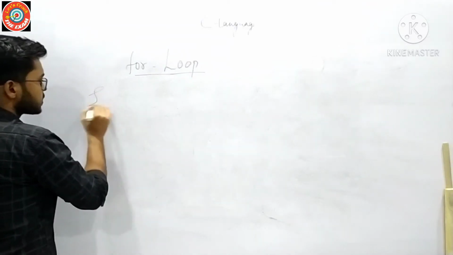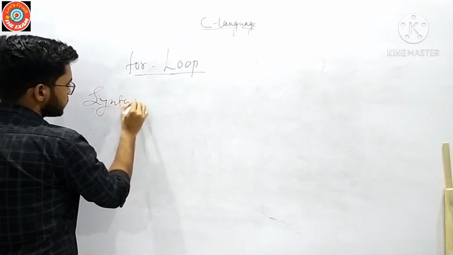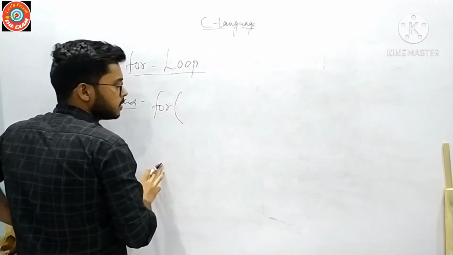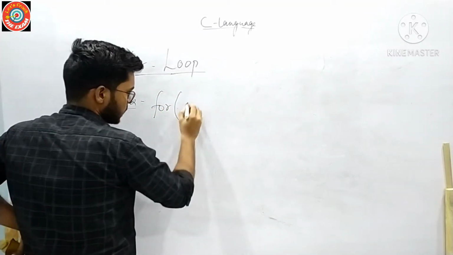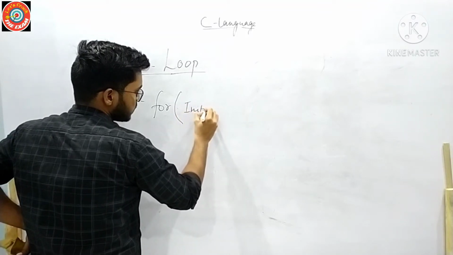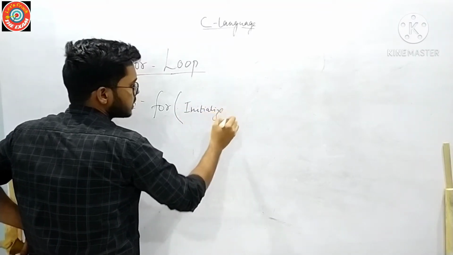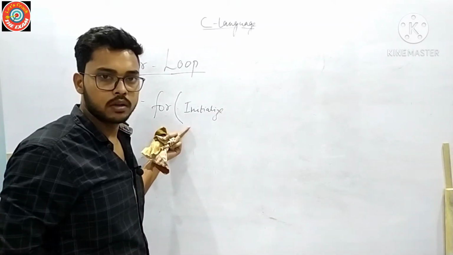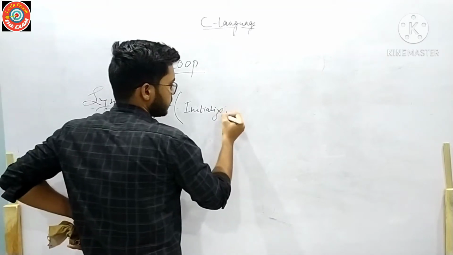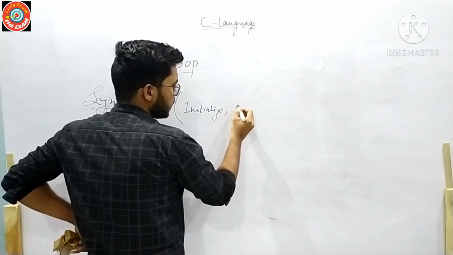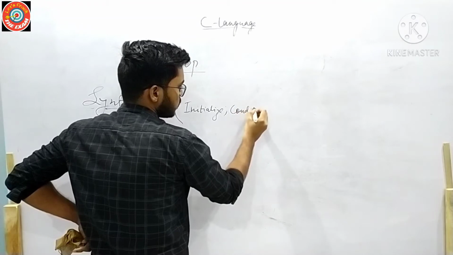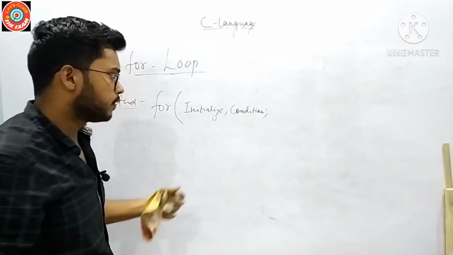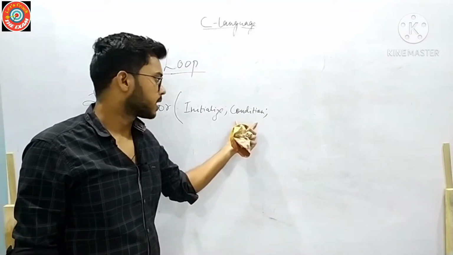The syntax of the for loop is: first we write for, and then inside the small brackets we initialize, from which point we want to start our for loop. Then we use a semicolon and the condition, under which we want to run our loop.